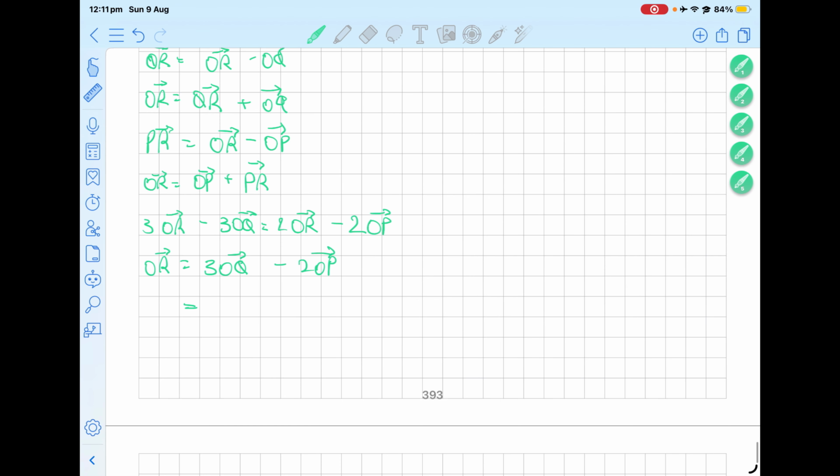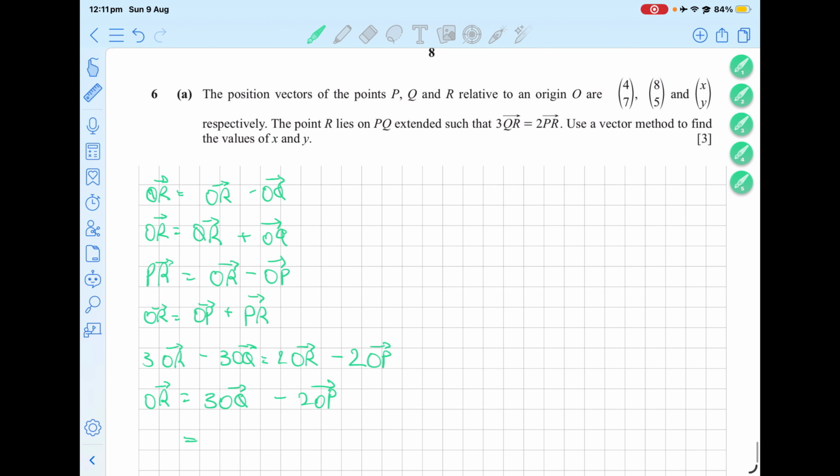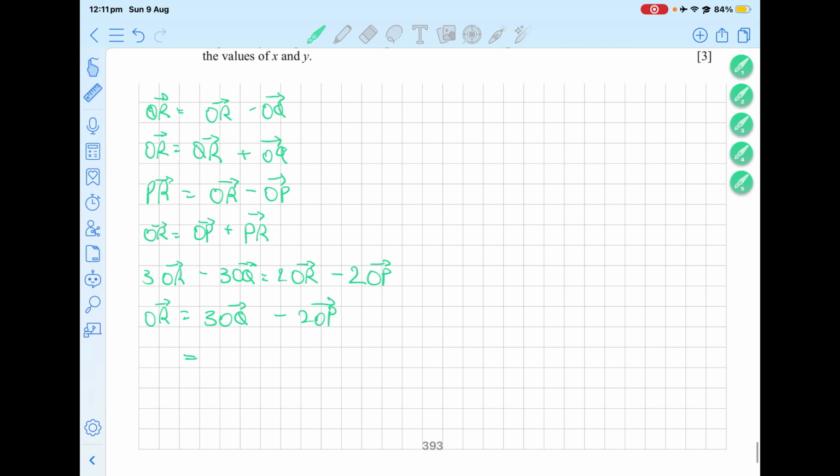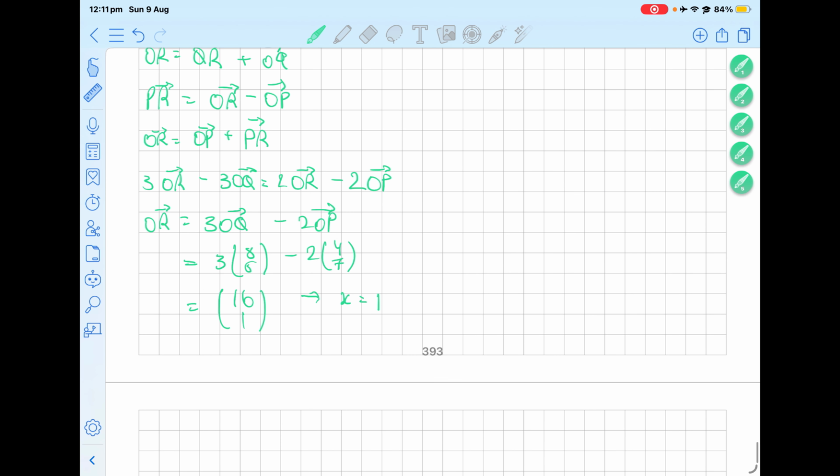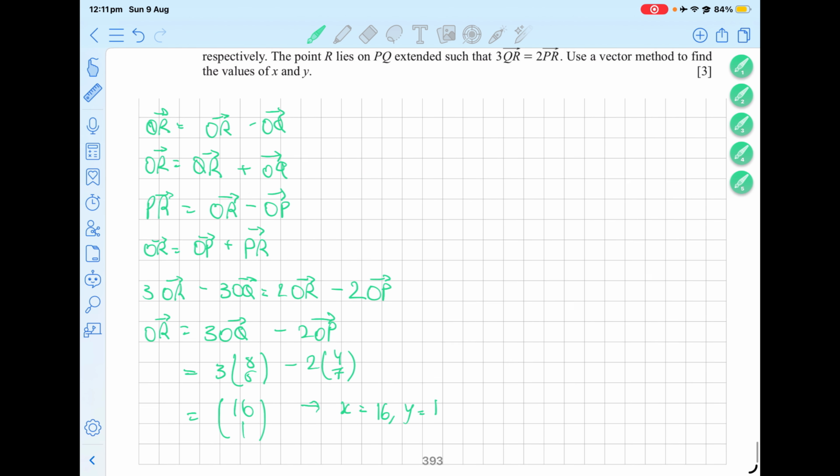So OQ is this thing, 8 and 5, whereas OP is 4 and 7. So 24 minus 8 is 16, and 15 minus 14 is 1, so therefore x equals 16 and y is equal to 1. So that will be our answer.